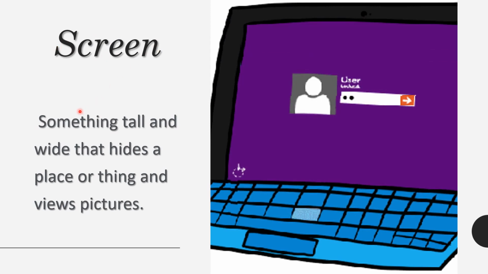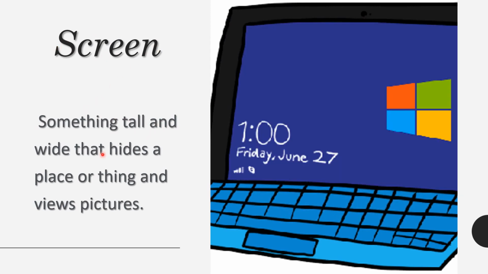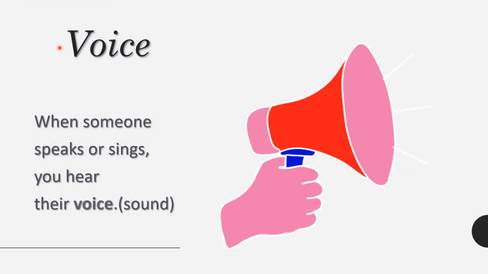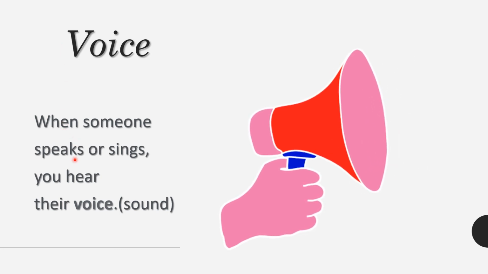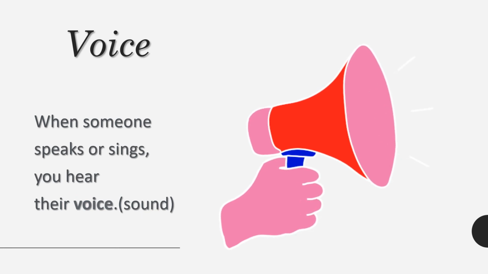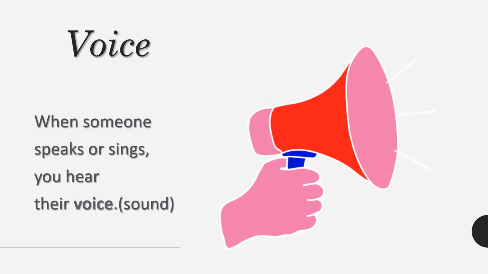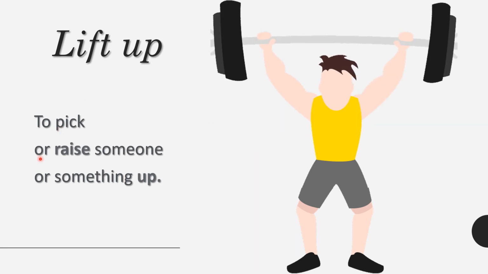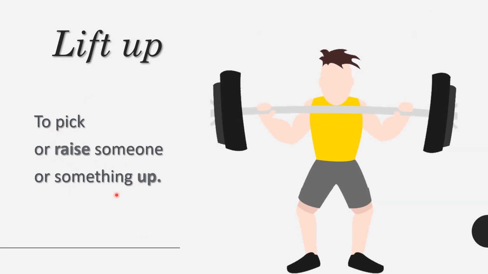Screen. It's something tall and wide that hides a place or thing and views pictures. Voice. When someone speaks or sings, you hear their voice, which is the sound. Lift up. To pick or raise someone or something up.